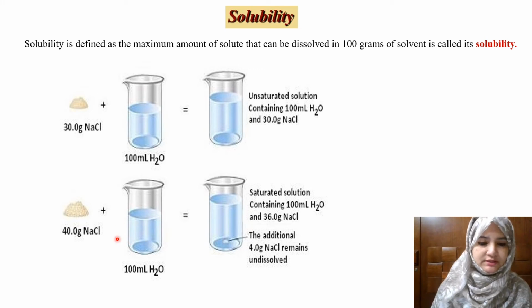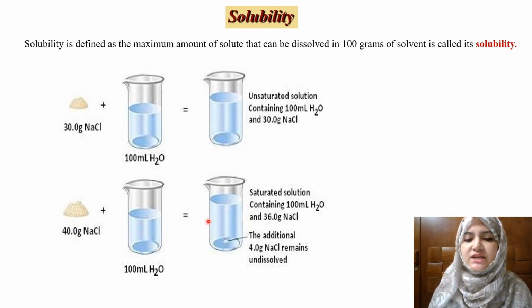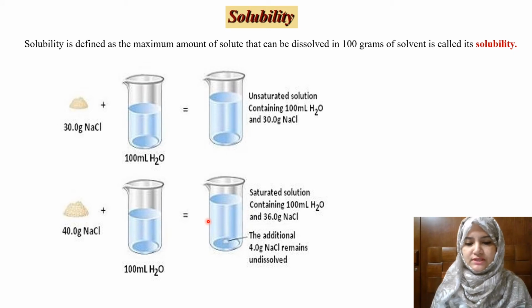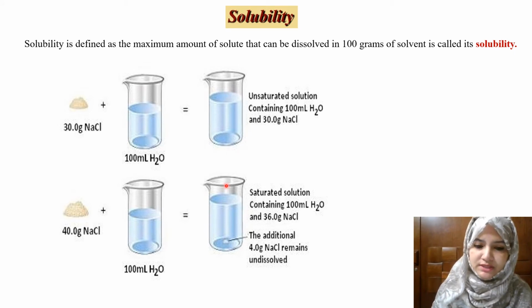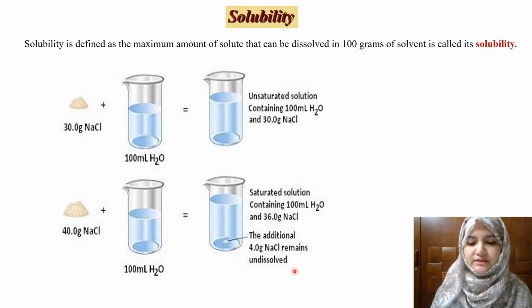But in this case, we take 40 grams sodium chloride in 100 ml water, and that makes a saturated solution which contains 36 grams sodium chloride in the solution. The additional 4 grams sodium chloride remains undissolved and gathered at the bottom of the container. You can see that.